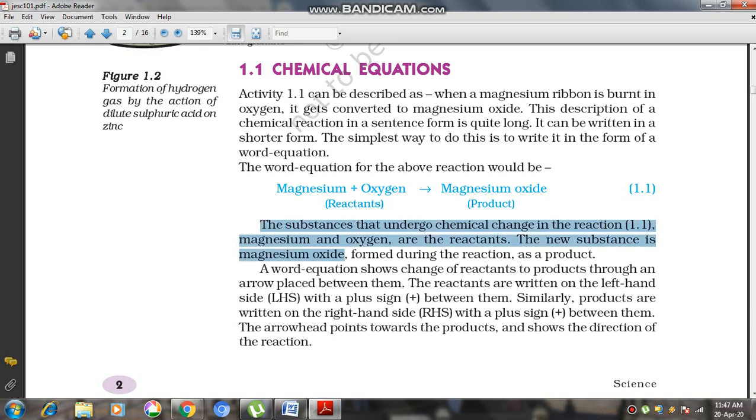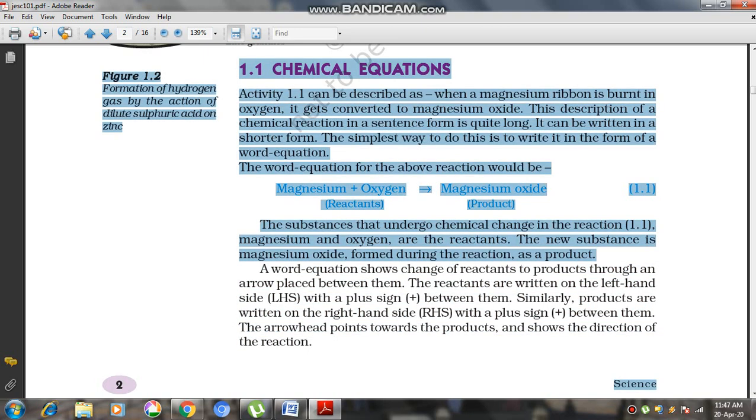The substances that undergo chemical change in Activity 1.1, magnesium and oxygen, are the reactants, and the new substance formed is called magnesium oxide. So, what are word equations?